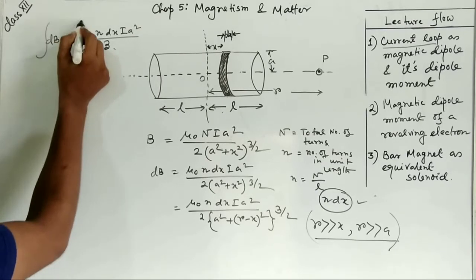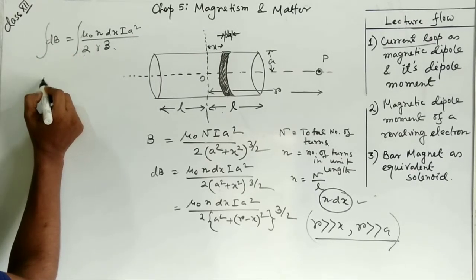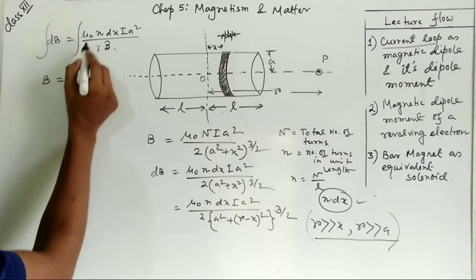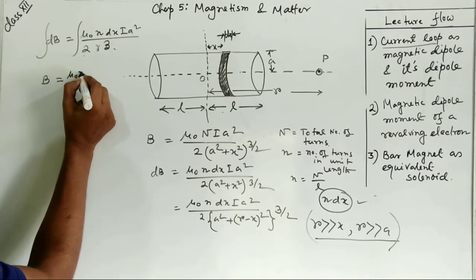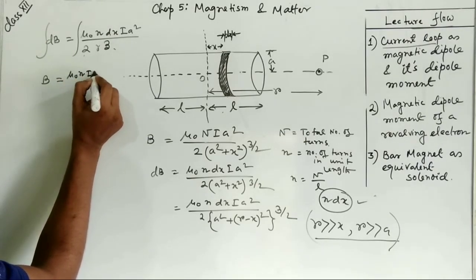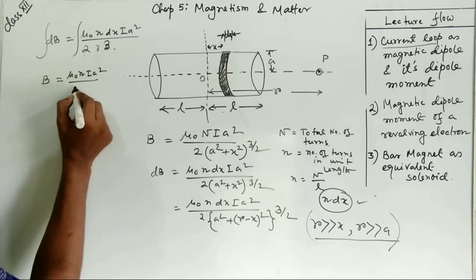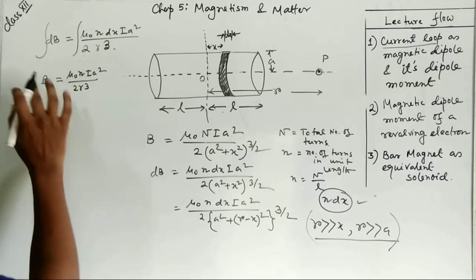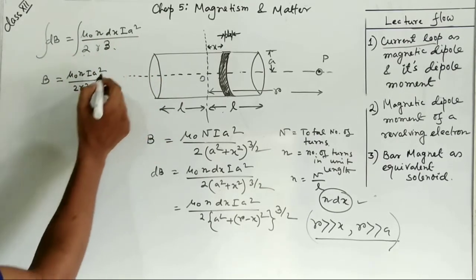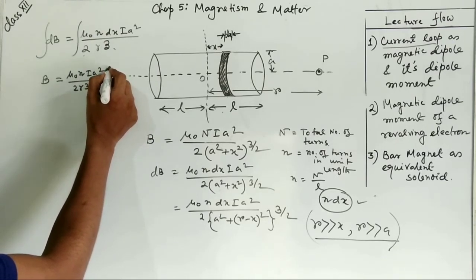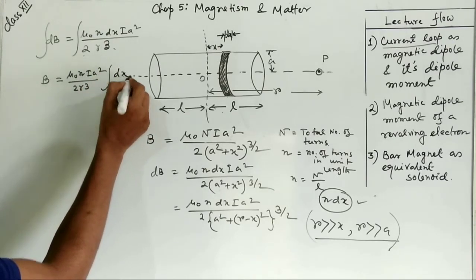Now integrate both sides. So we will get B equals mu 0 n I a square by 2 r cube, all are constant here, so they will be outside of the integration, then dx.